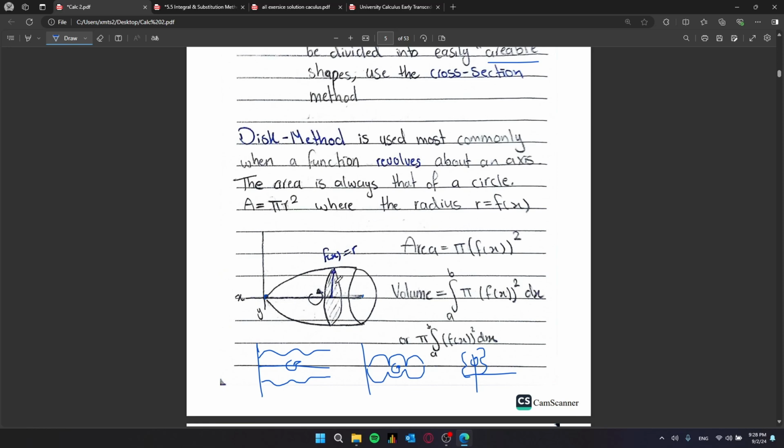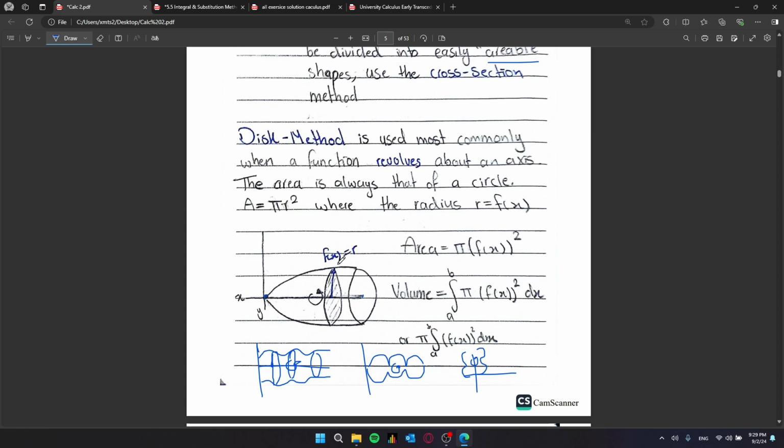We know that the area is going to be pi r squared, because the area at any point is going to be a circle. It doesn't matter where you are in the graph. Let's say you're at this point in the graph, it's going to be a circle of varying radiuses. How do you know what the radius is?